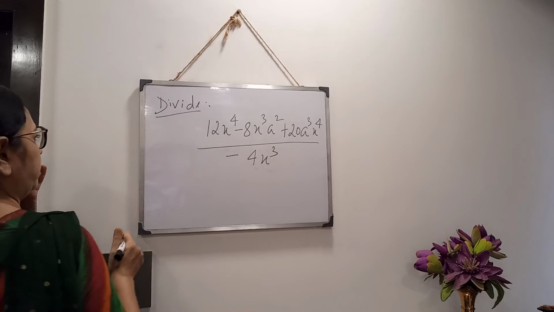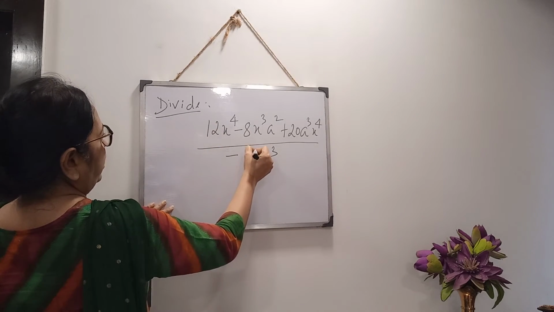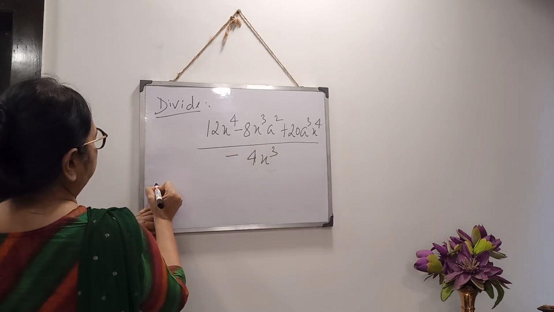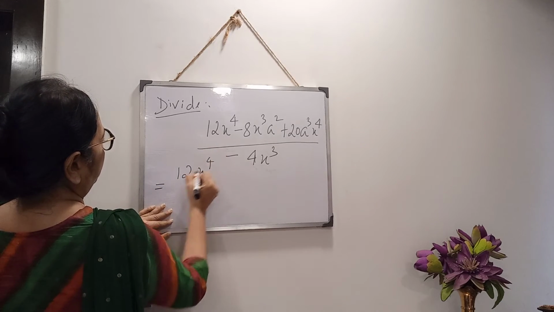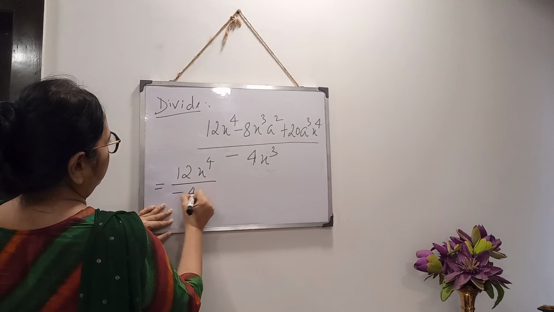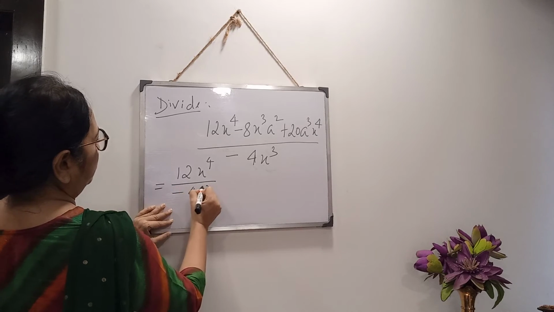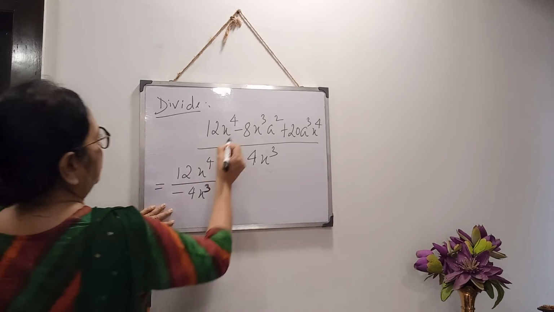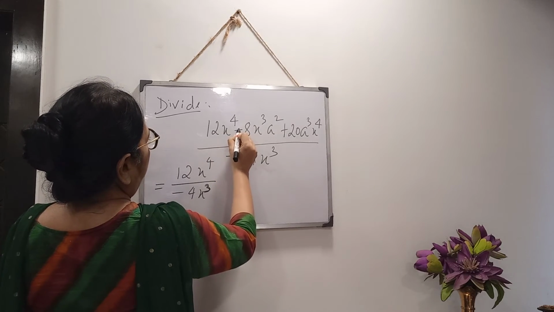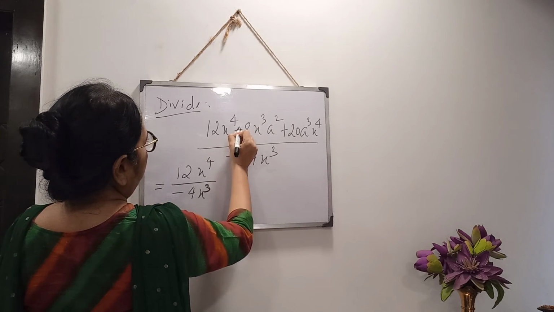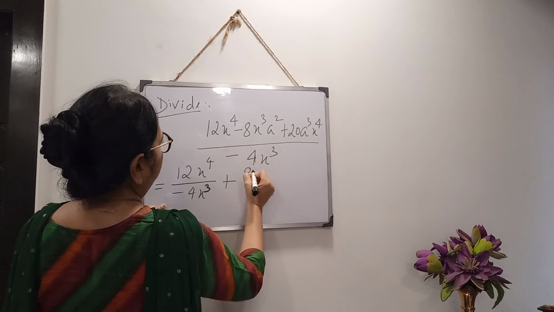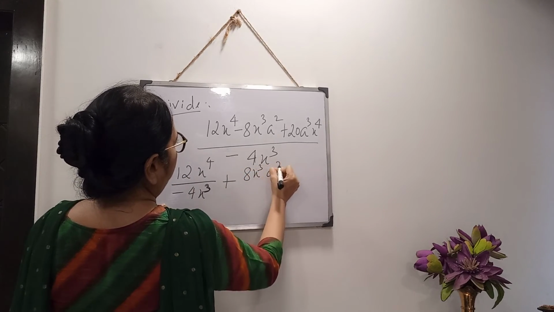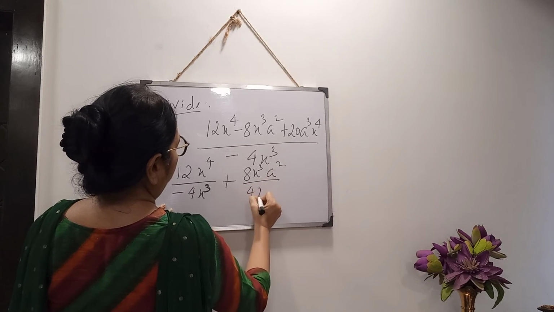Now when we are dividing by a single term, then we can separate in this way. 12x to the power 4 by minus 4x cube. Okay, we can separate. Then here, see, minus, there is also minus. Minus, minus, it will become plus. Clear? So 8x cube square by 4x cube.